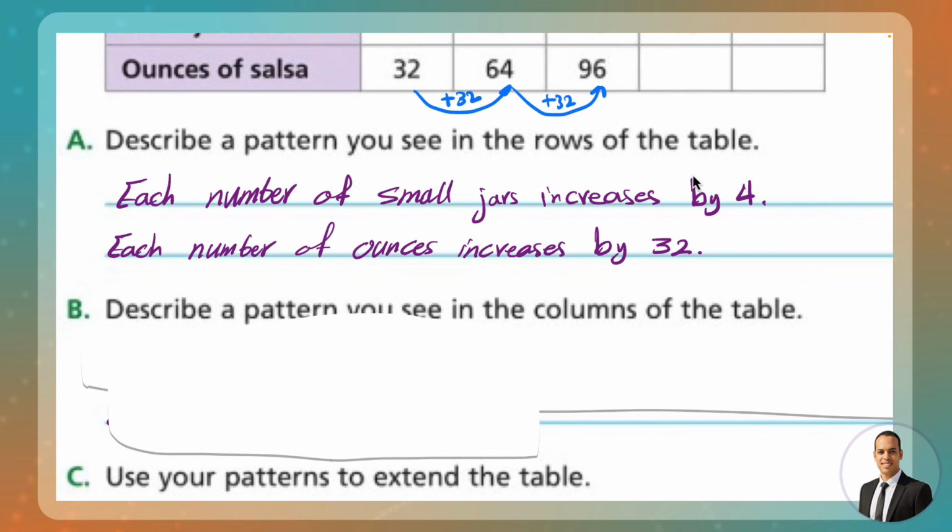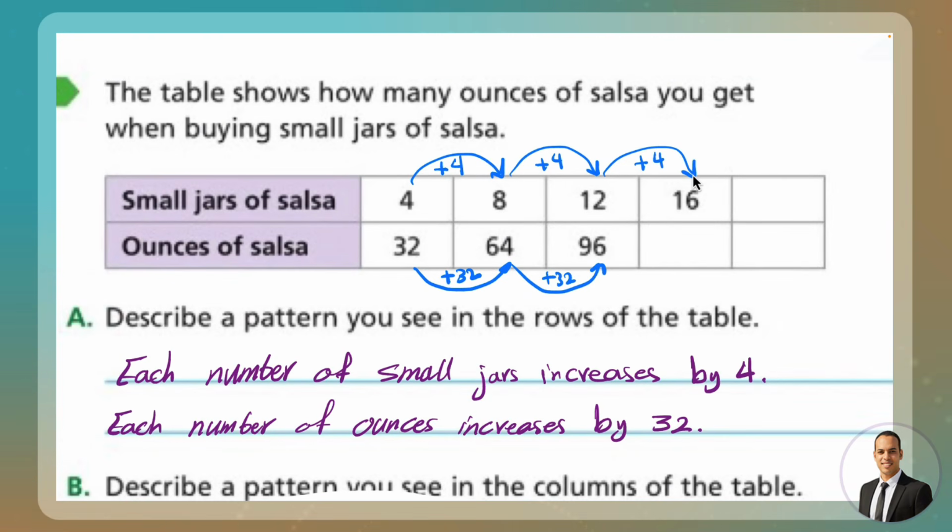Letter B says describe a pattern you see in the columns of the table. So if you look at the columns, which is vertically, like this, guys, what is happening here to these numbers? So 4 into 32, it's like we are multiplying by 8. So 4 times 8 is 32.